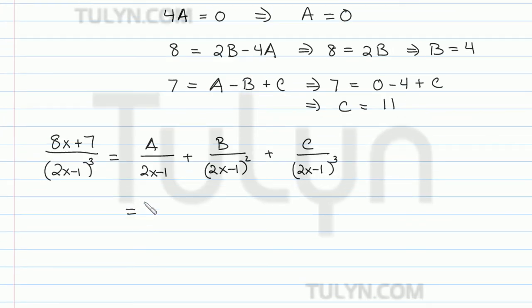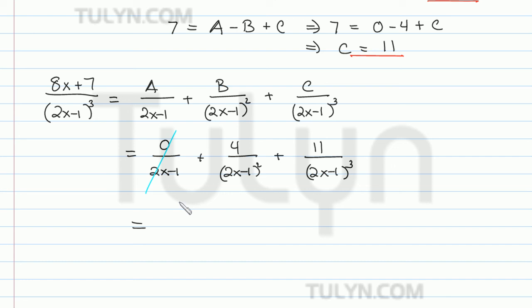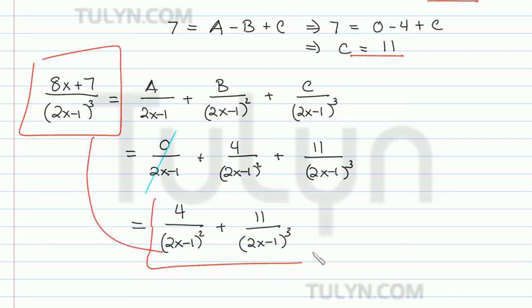But we know that A is equal to 0, B is equal to 4, and C is equal to 11. Plugging those in and simplifying, since we have a 0 in the numerator, that cancels out. So the final partial fraction decomposition is 4 over (2x - 1)^2 plus 11 over (2x - 1)^3. So that's what this equals.